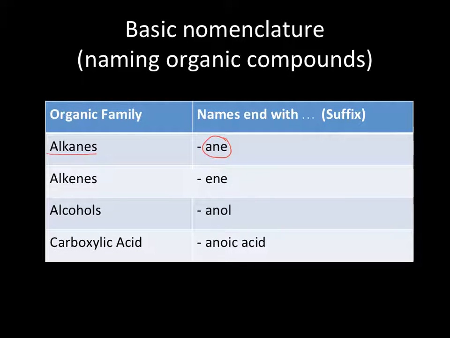If they belong to the alkene family, they will end with -ene. If they belong to alcohol, they will end with -anol. If they belong to carboxylic acid, they will end with this name at the back. Now let's look at what happens to the front part of the name.